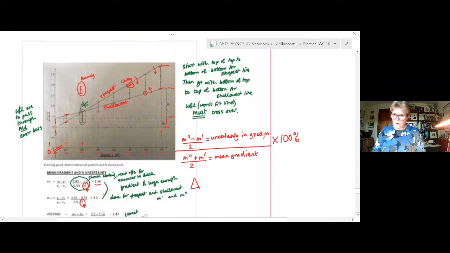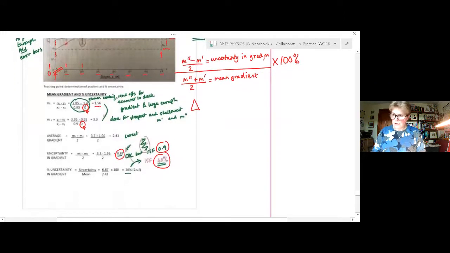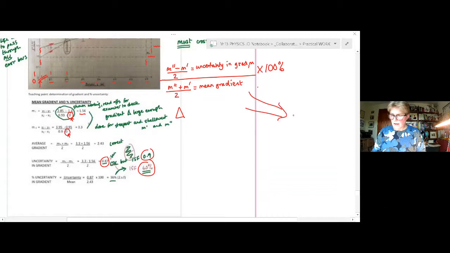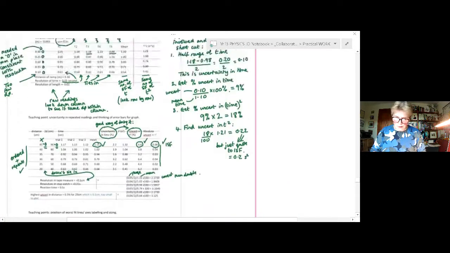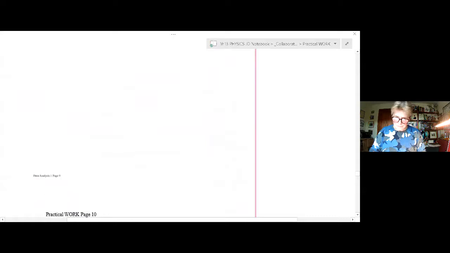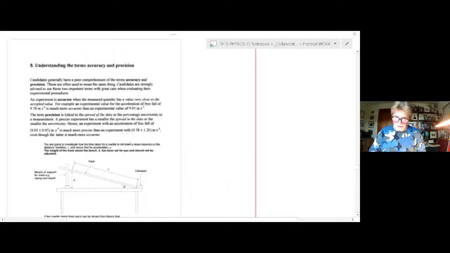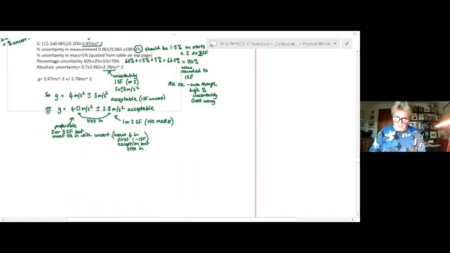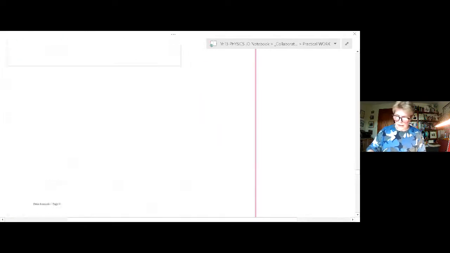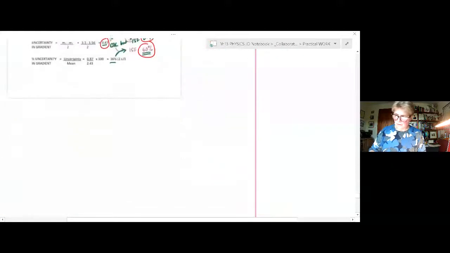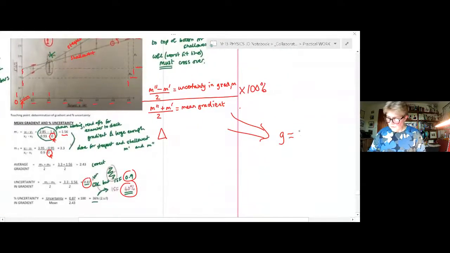So for example, from that mean gradient, you might have to go on with that and work out G from that mean gradient. Let's just have a look back to see if there is a relationship. So for example, G equals kx over m, where m, let's say, was the gradient.